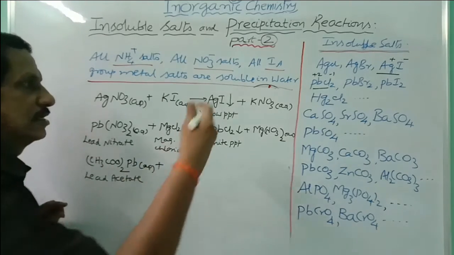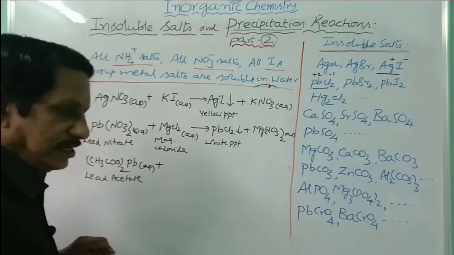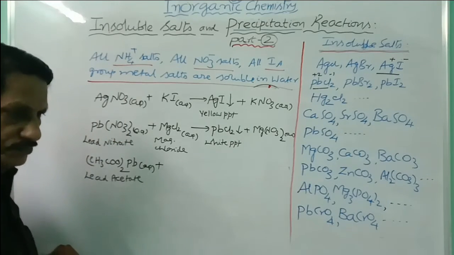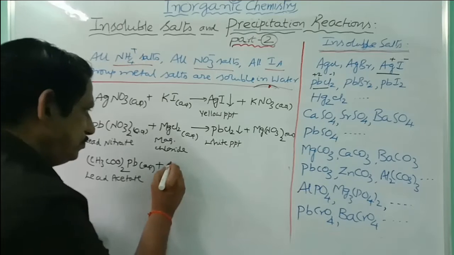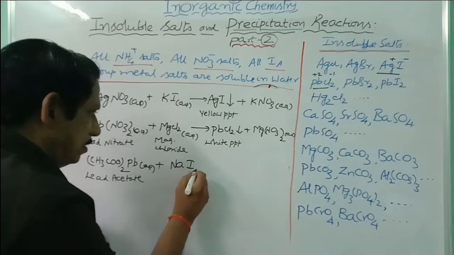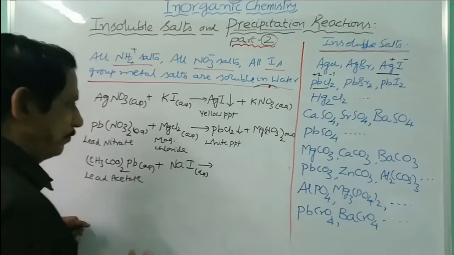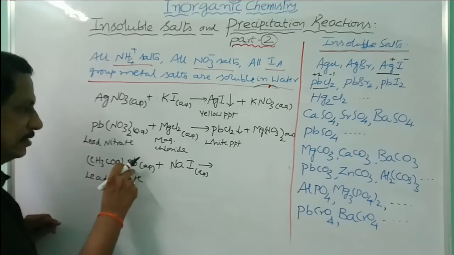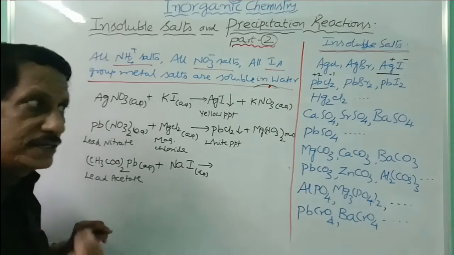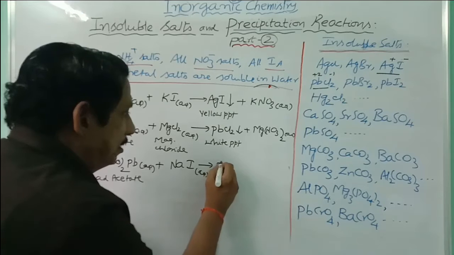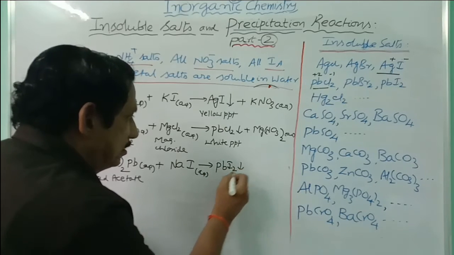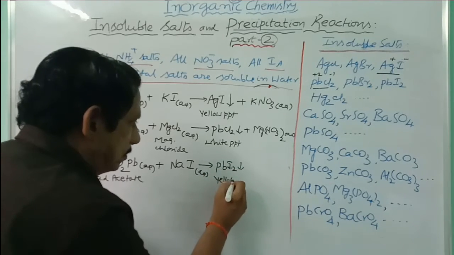Plus I am taking an iodide salt. In the laboratory, potassium iodide is mostly available. You can take sodium iodide, NaI, aqua. And lead ion combines with iodide ion, giving you lead iodide, PbI2. It is a yellow precipitate.